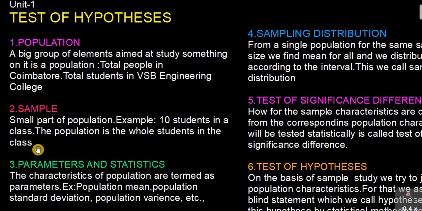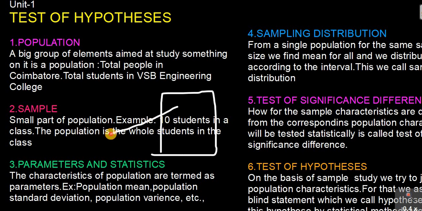So the 100 students together we call the population. We study these 10 students, and that character is expected to apply to the population.